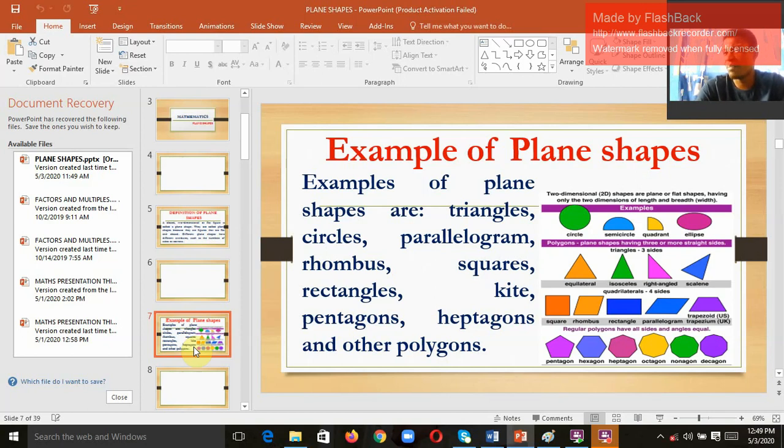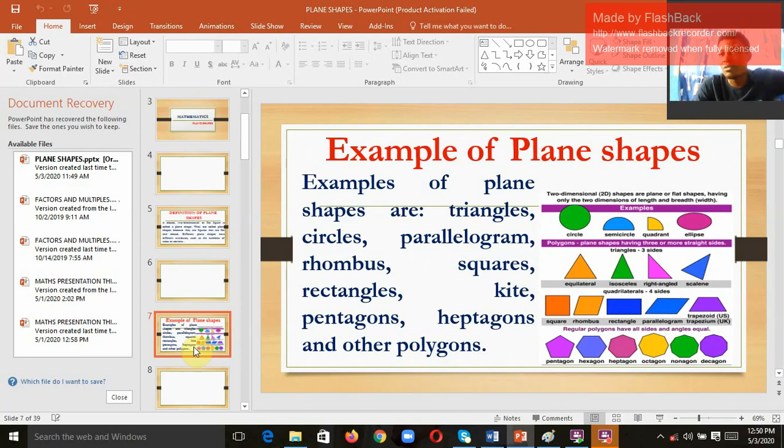Two-dimensional shapes are, like I said earlier, plane or flat shapes having only two dimensions: length and breadth, base and height. If you're looking at a triangle, you have base and height.